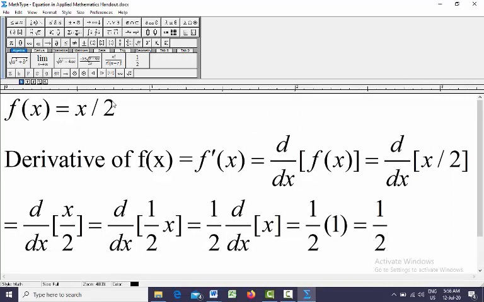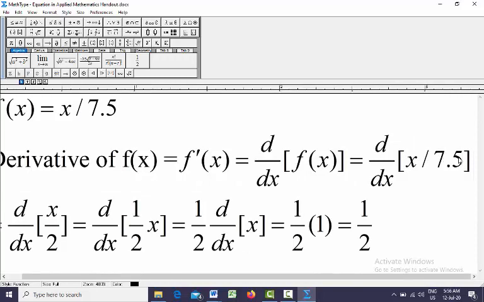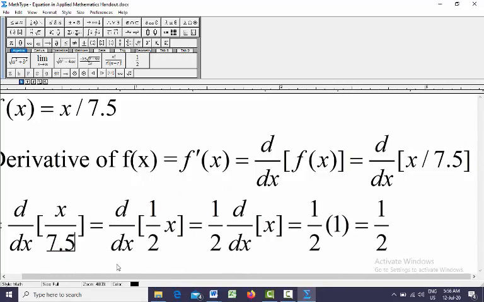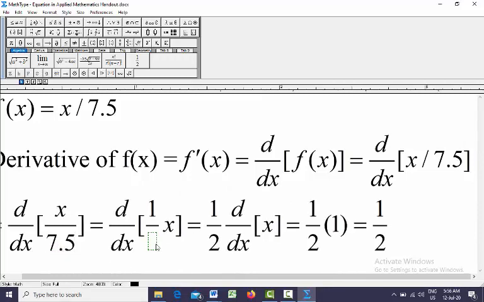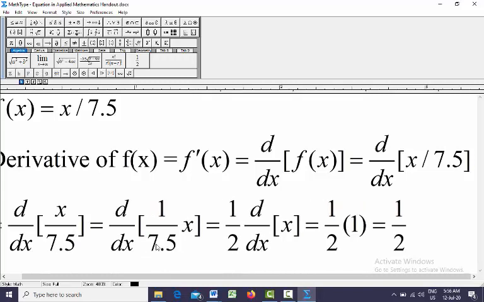Now for example, instead of 2 here, suppose we have 7.5 here. In that case here we will have 7.5, and here we will have 7.5.